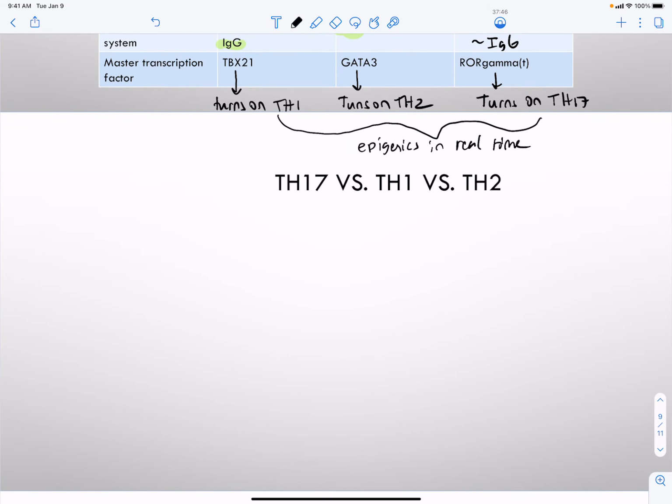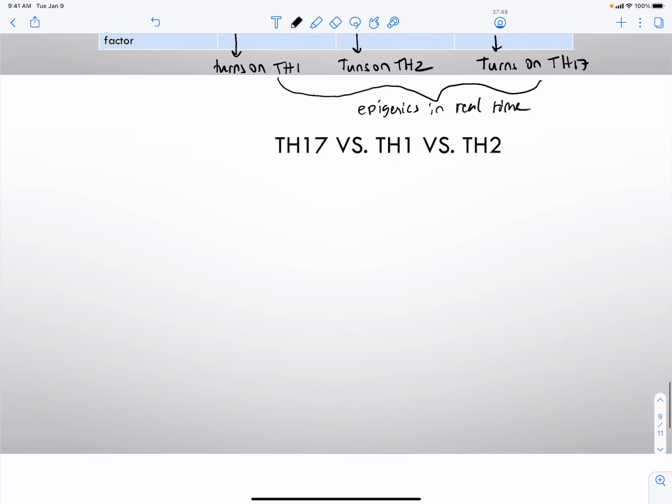Okay, so let's just go over a little bit about these. So Th17 is good for extracellular. And so you're going to recruit neutrophils plus your innate defenses.